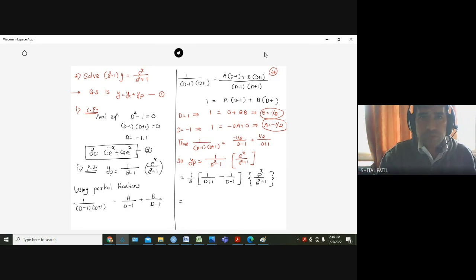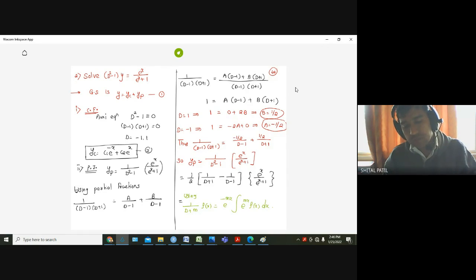I'll mention the formula to be used. This formula is to be used. So I'll use that on the next page fast so as to be able to solve the example in the next 2 minutes. Can I change the page?